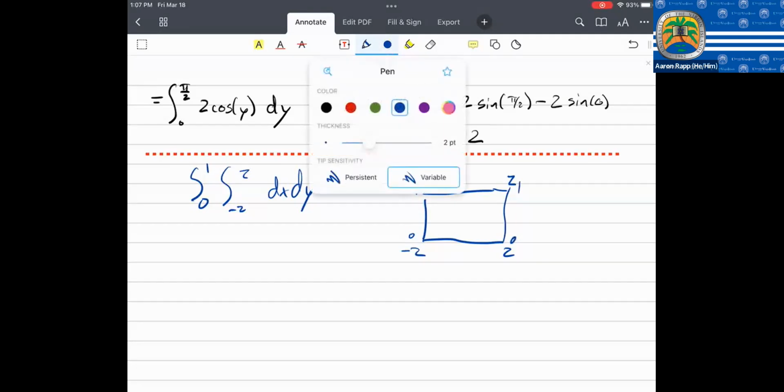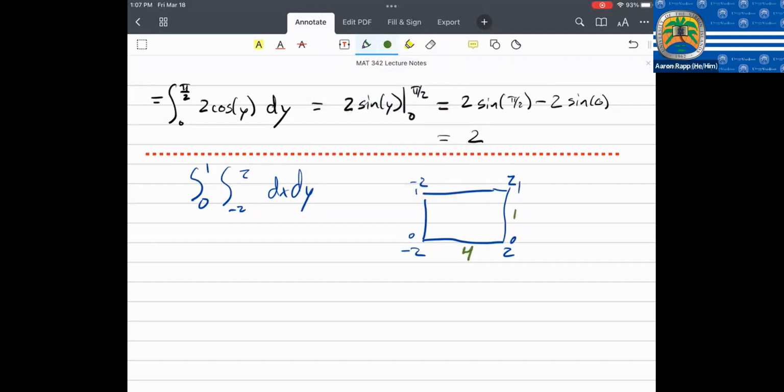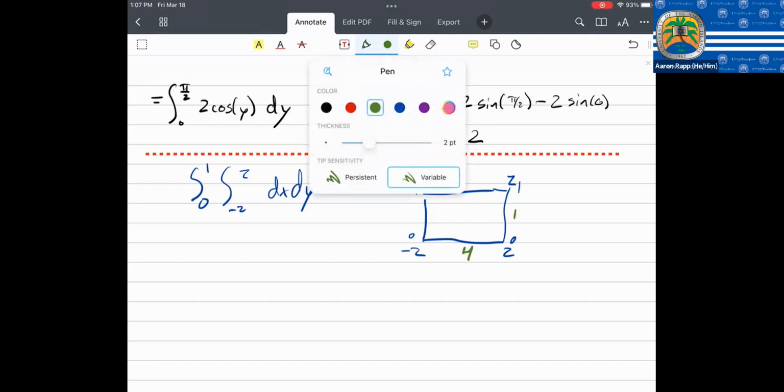Which means that side length of 4, I have a side length of 1. And then this shape has a height. What is the height of this shape? Constant value.